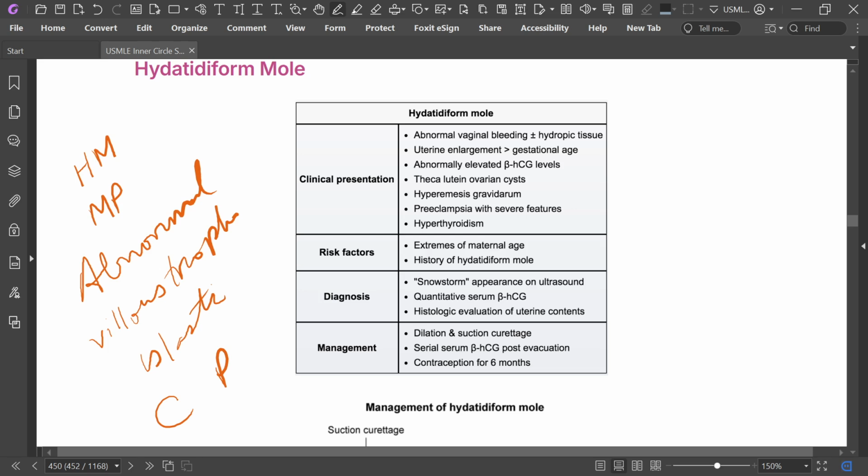Molar pregnancy is the most common type of gestational trophoblastic disease and is considered a premalignant condition composed of genetically distinct fetal, not maternal, tissue. It is classified as either a complete or a partial or incomplete mole.